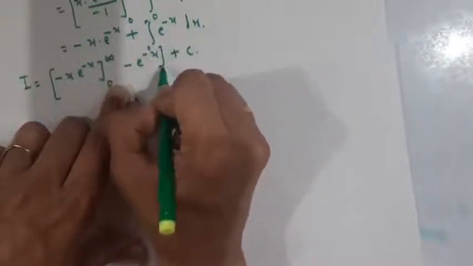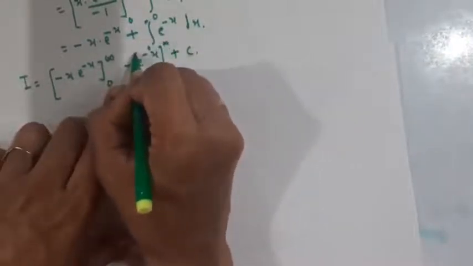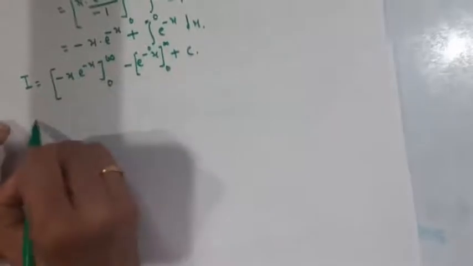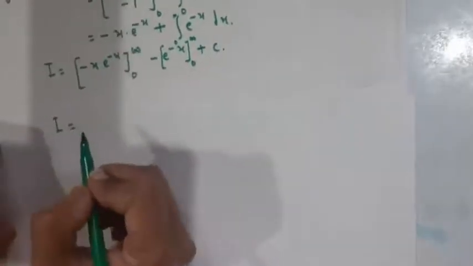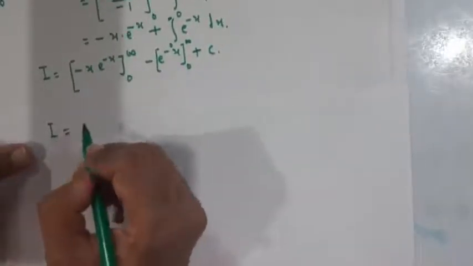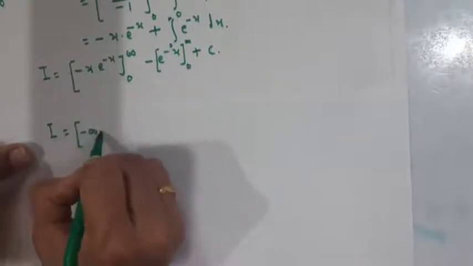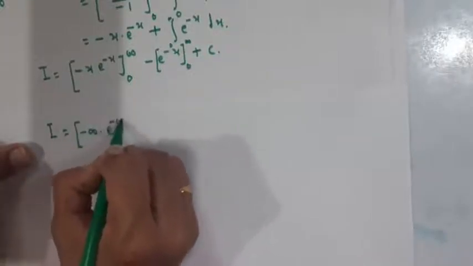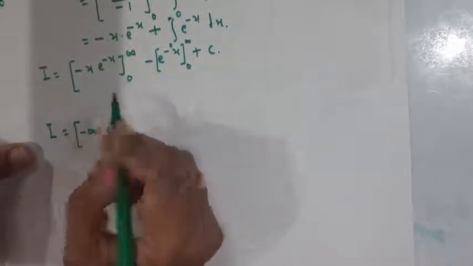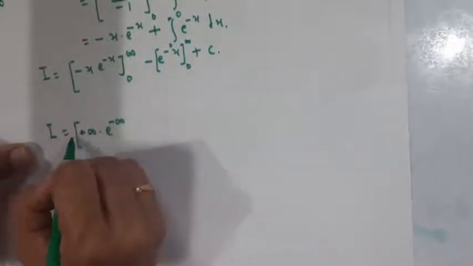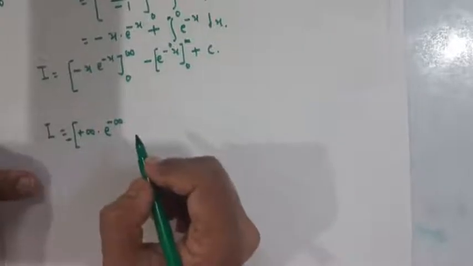The limit is here 0 to infinity. So integration I equal to 0 to infinity, that is upper limit minus infinity into e raised to minus infinity. So let us take the minus side outside.